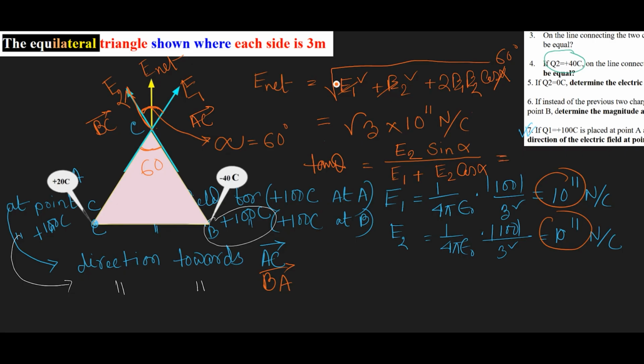If we plug in all the values of E1, E2 and alpha, we'll get the value 30 degrees. So from E2, the net electric field is at 30 degrees. So the direction of the net vector is 30.